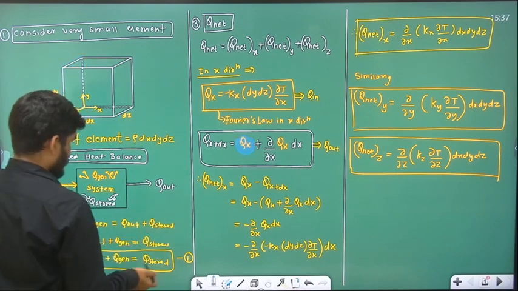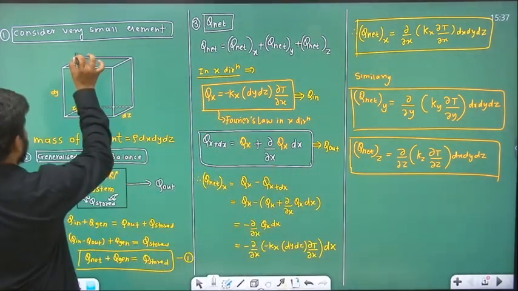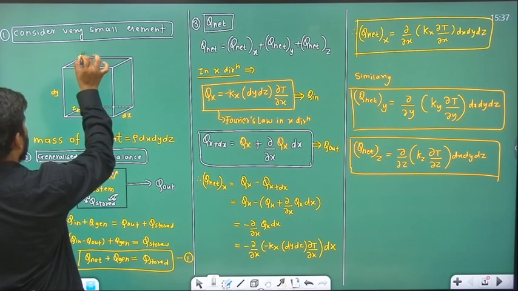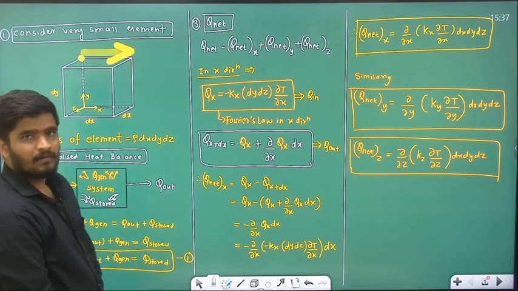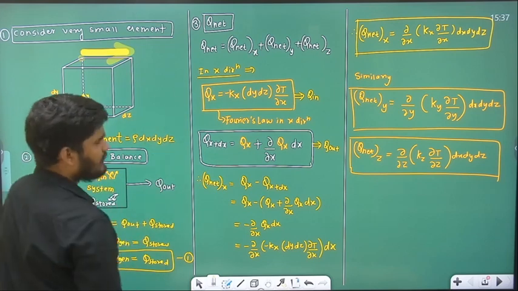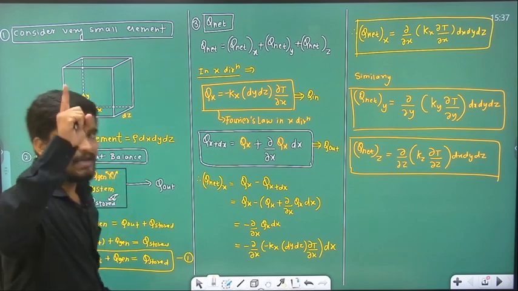Plus, there will be some change when heat will be flowing from here to here. Now heat is flowing in which direction? X direction. That's why I have considered that particular change in x direction.